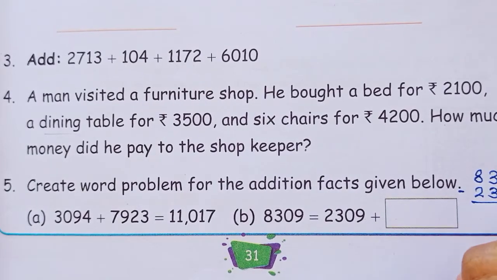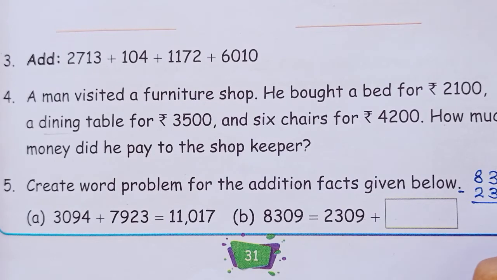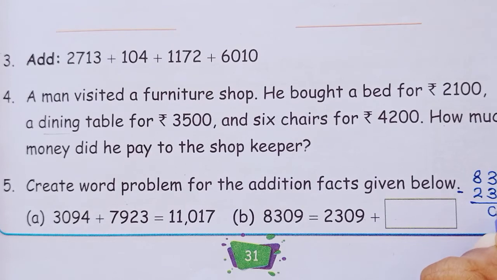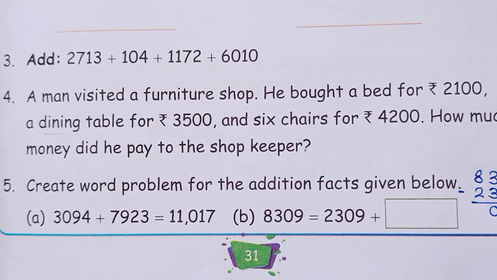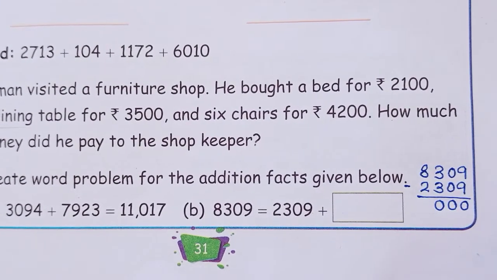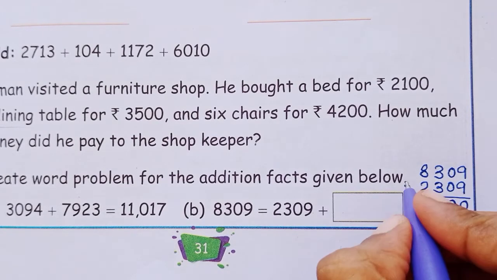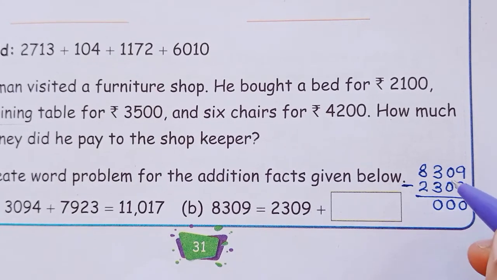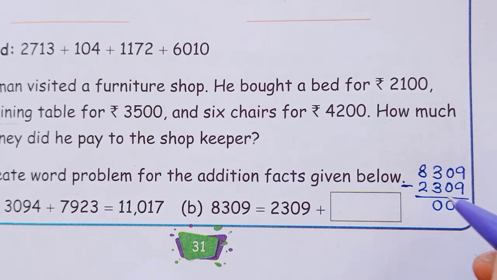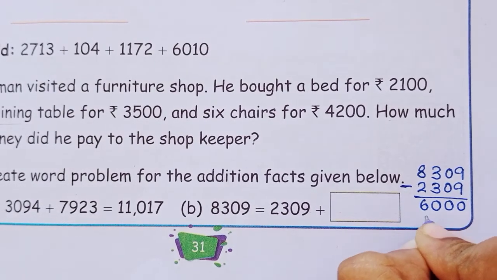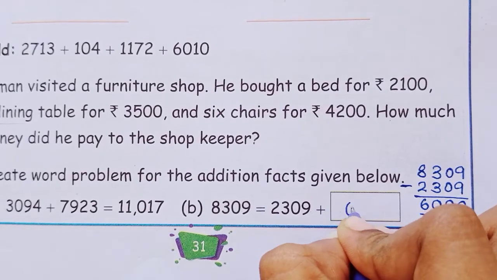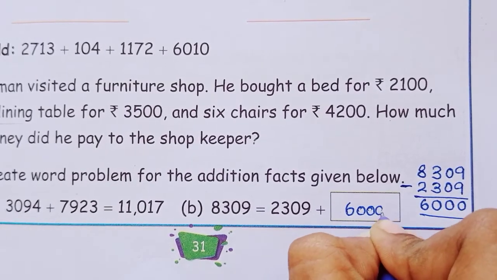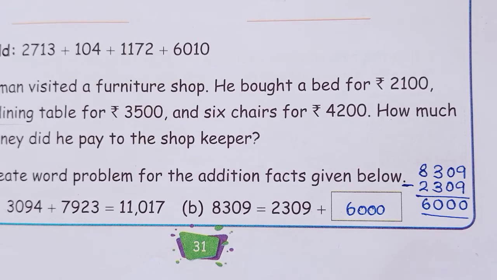Now subtract: 9 minus 9 is 0, 0 minus 0 is 0, 3 minus 3 is 0, and 8 minus 2 is 6. So the answer is 6000.